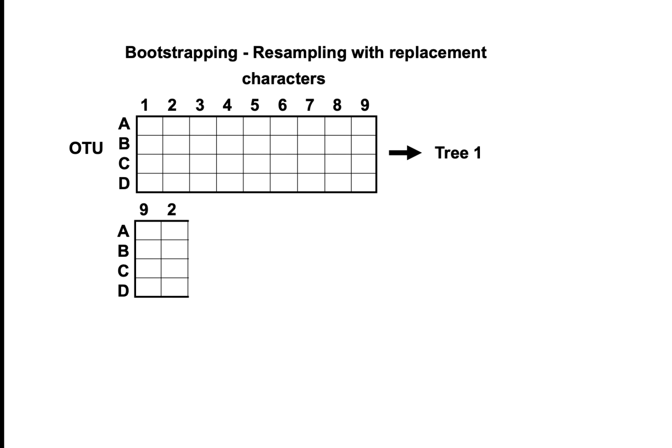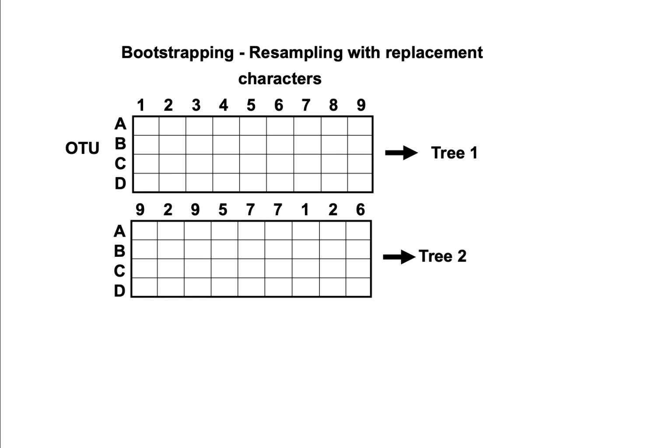So here a second character has been chosen at random, character 2, so that's put into the matrix. And then a third character is put into the matrix. You'll notice it's character 9 again. That's what I mean by resampling with replacement. Character 9 was replaced in the original matrix and was chosen again at random.